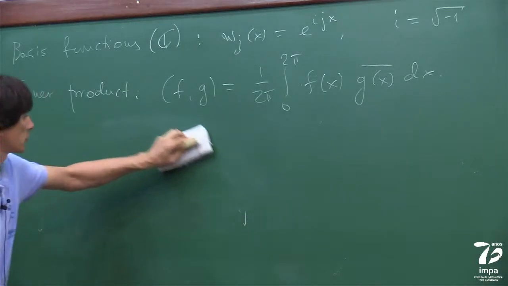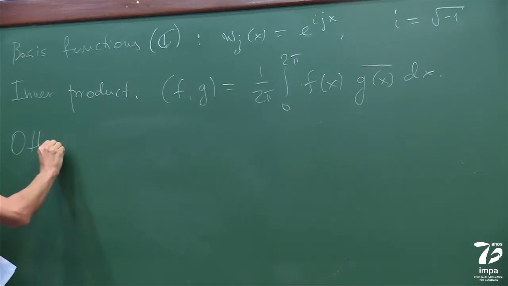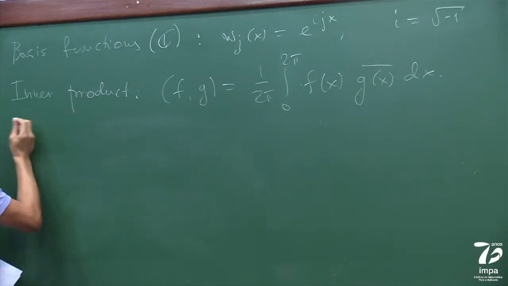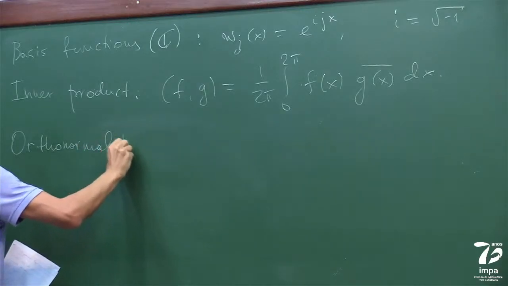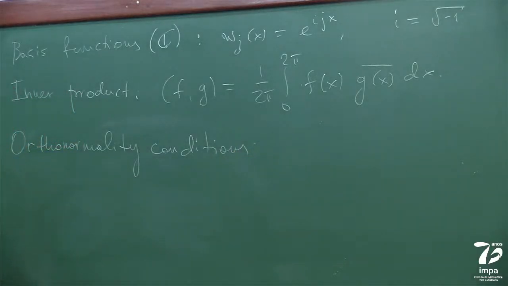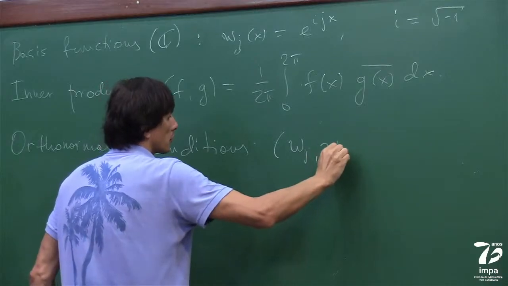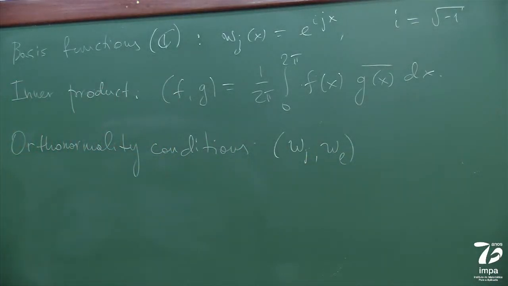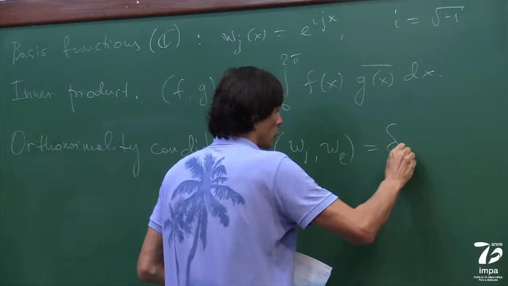Before doing it, let's write the orthonormality conditions. The orthonormality property is that if you take the scalar product of W_j with W_l, you get the Kronecker delta.